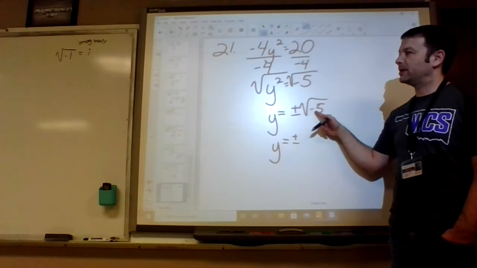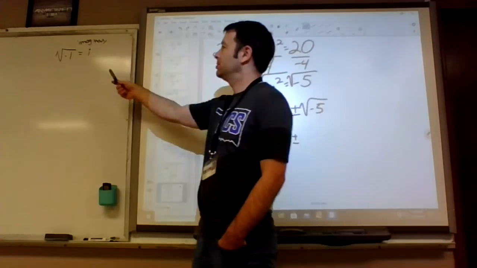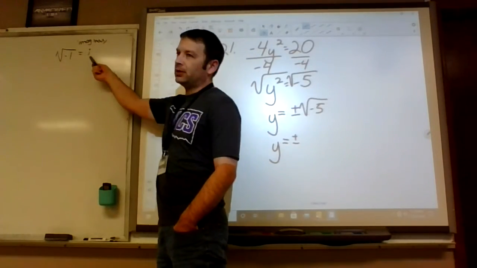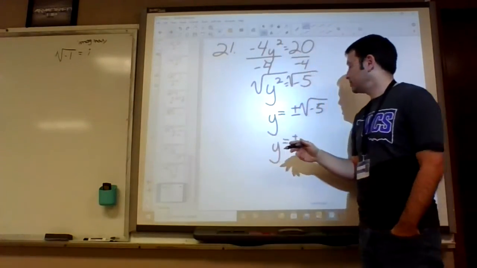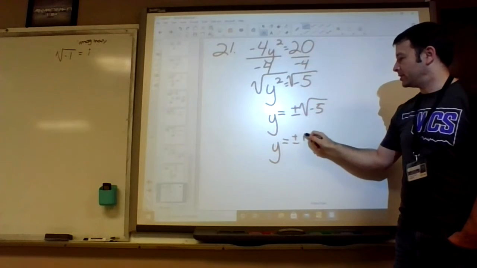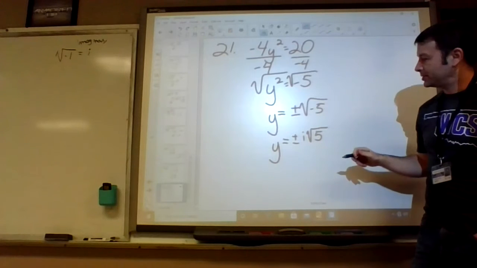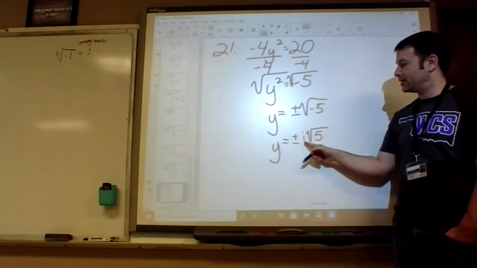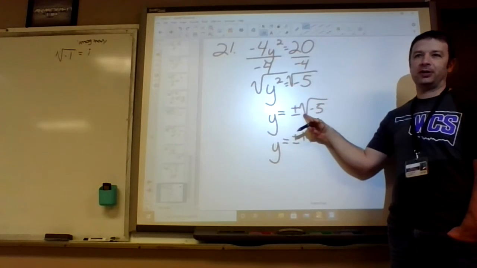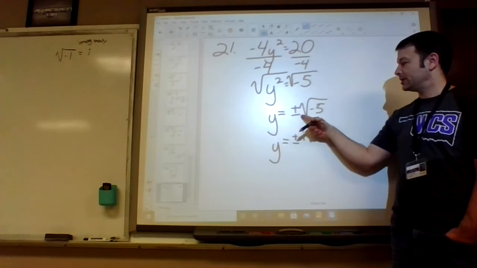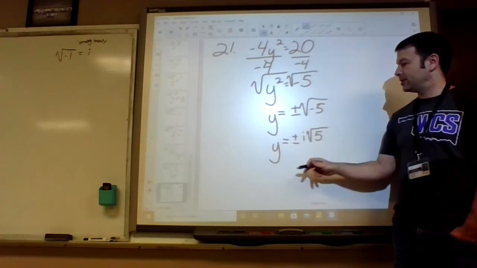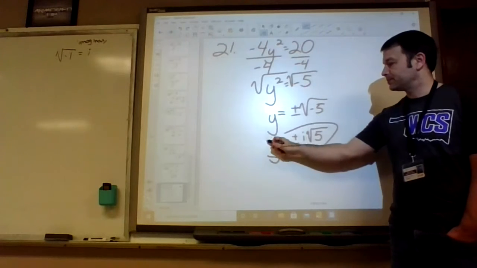I take it out as an i, and I'm going to put it in front of the square root symbol. So square root of 5 doesn't really simplify, but the negative comes out as an i. That's really the only thing. It shouldn't be too tricky. Just turn that negative into an i, and there you go.